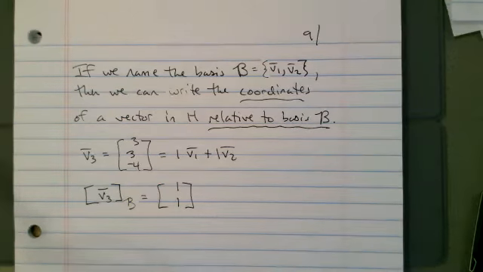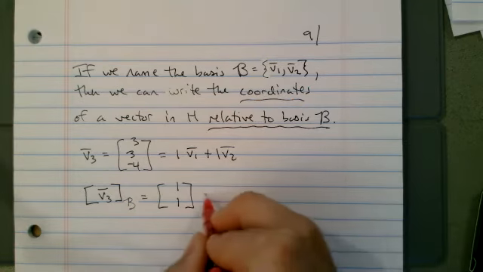Notice that the coordinates are in R2 because H is a two-dimensional subspace of R3. V is in R3, but the coordinates of V relative to B are in R2 because H is a two-dimensional subspace of R3.